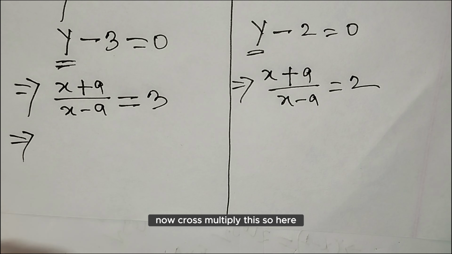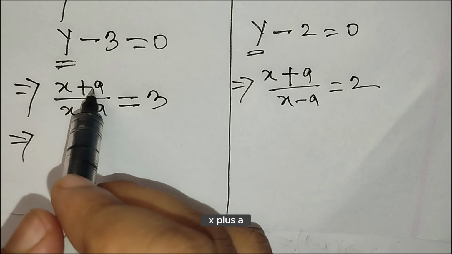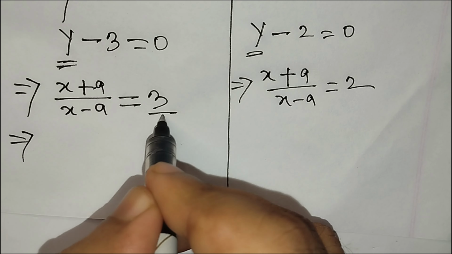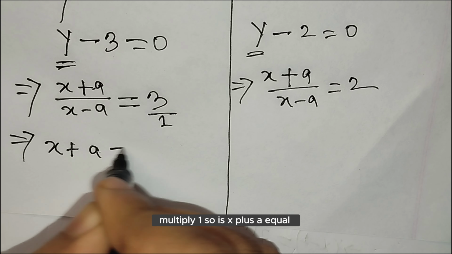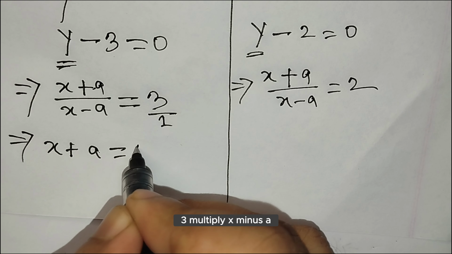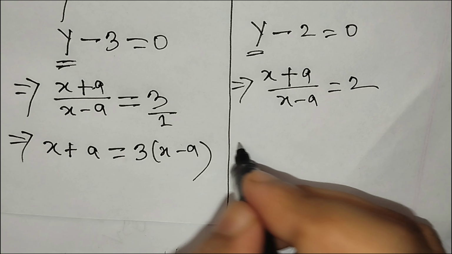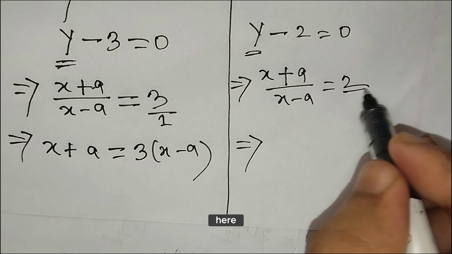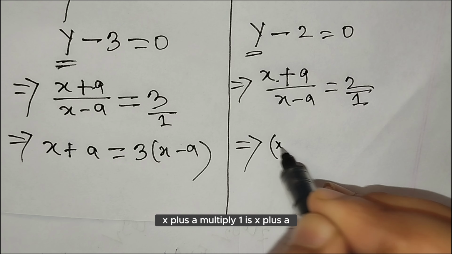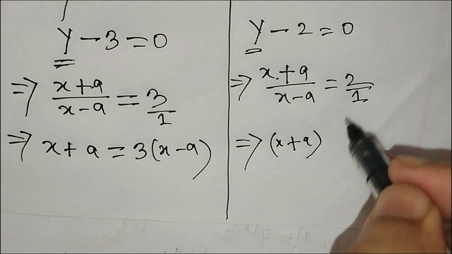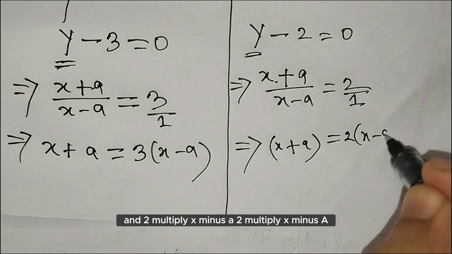Now cross multiply this. So here x plus a multiply 1 is x plus a equal 3 multiply (x minus a). Here x plus a multiply 1 is x plus a, and 2 multiply (x minus a).